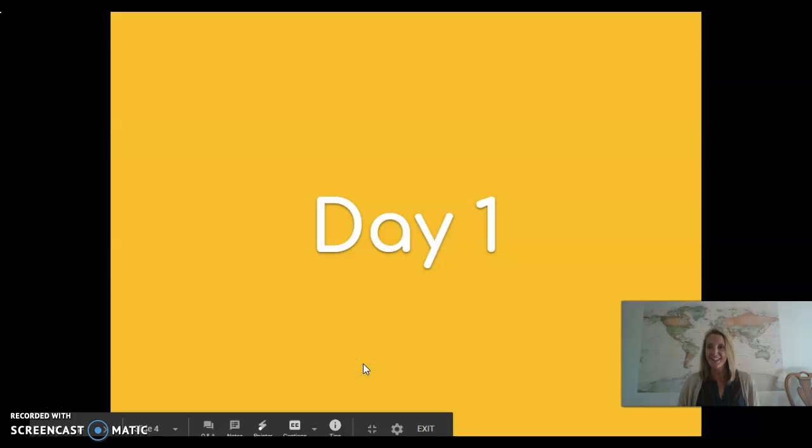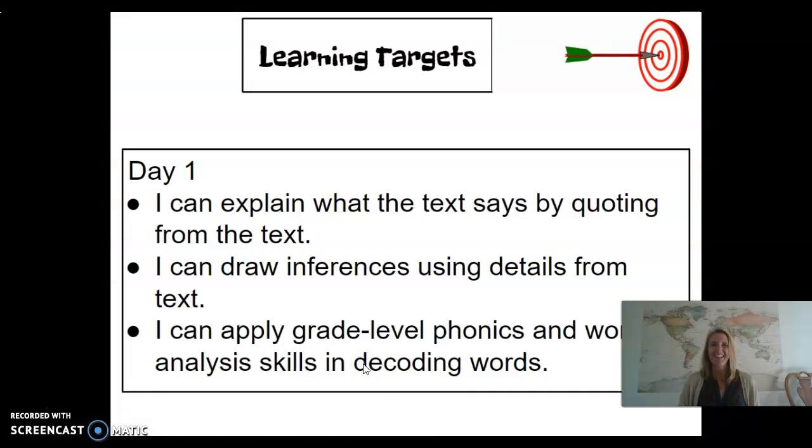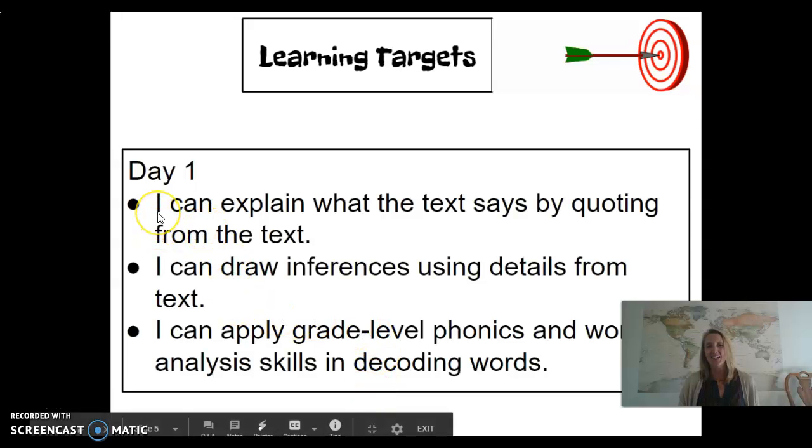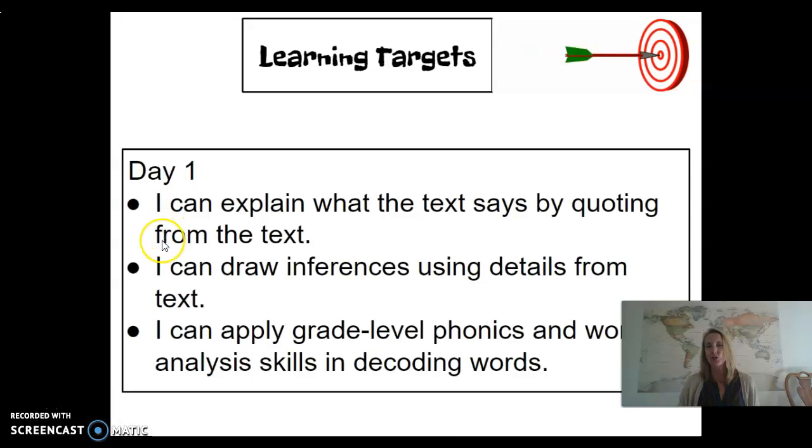Week 1, today is day 1, and our focus for today is I can explain what the text says by quoting from the text. So remember, quoting means you're finding exact words that the author used to support your answer.